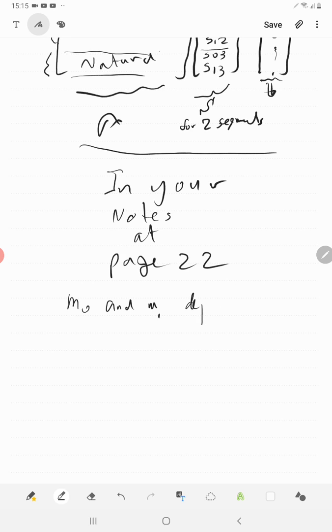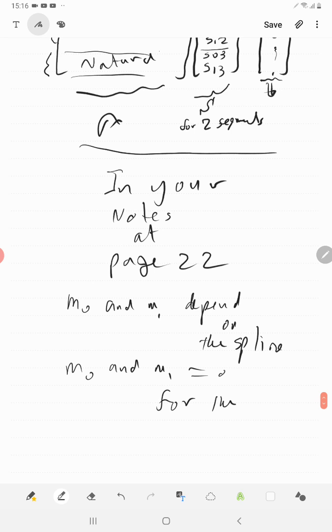Depend on the spline, okay? And M0 and M1 equal 0 for the natural, okay? The natural. You'll find it there, okay?